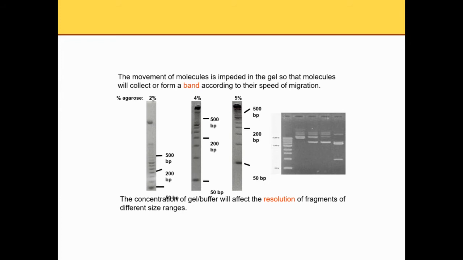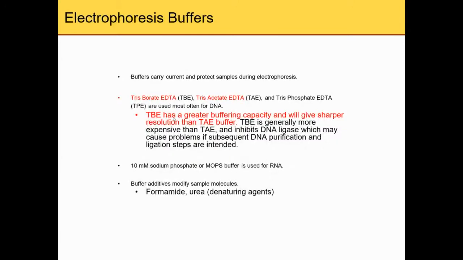But it is useful to distinguish the large DNA molecule, all right? And then for a higher concentration of the agarose, that means the pore size is small. Therefore, it is very good, the good resolution for a small DNA fragment, okay? So the low percentage, high percentage.